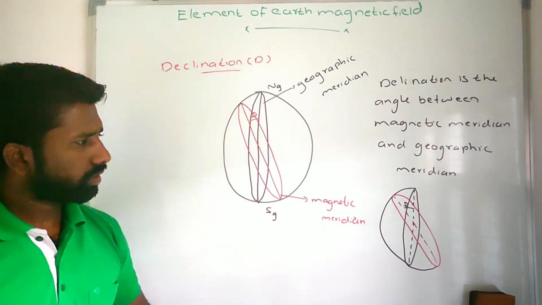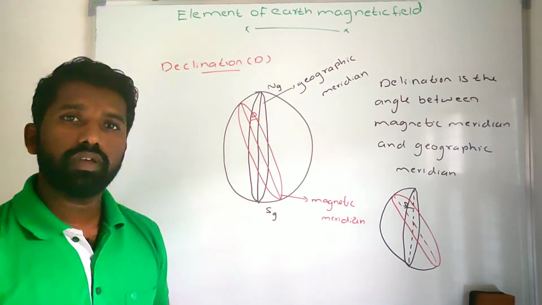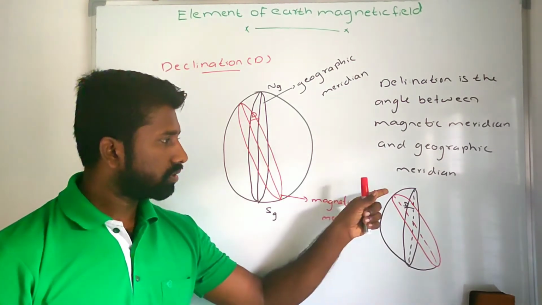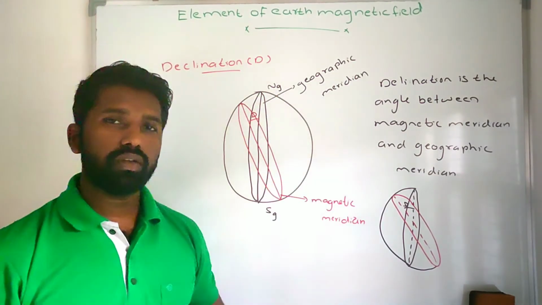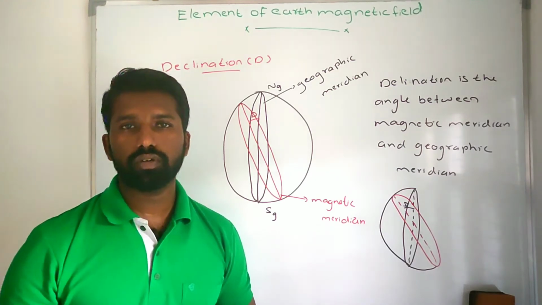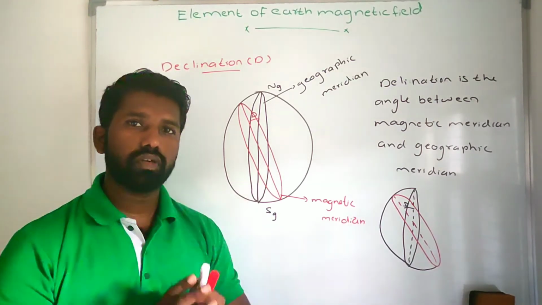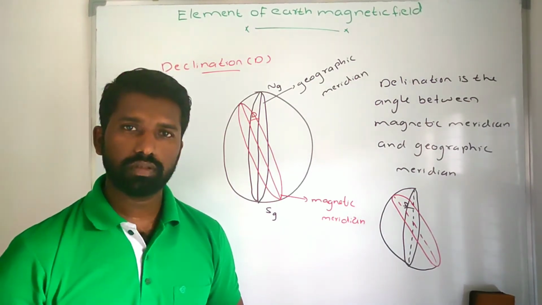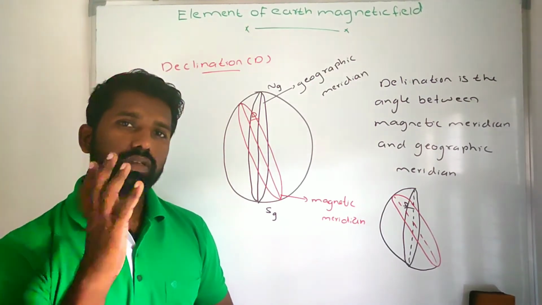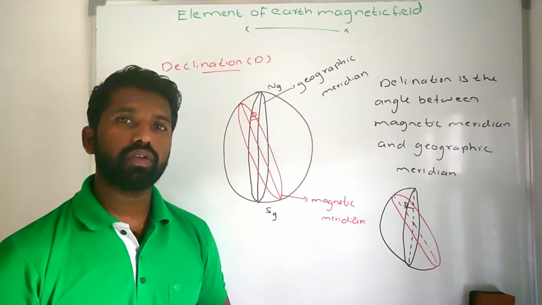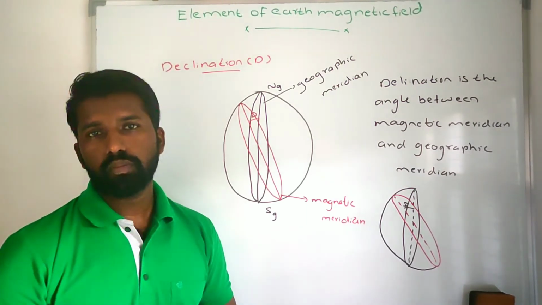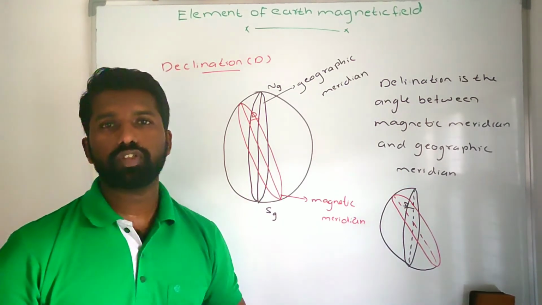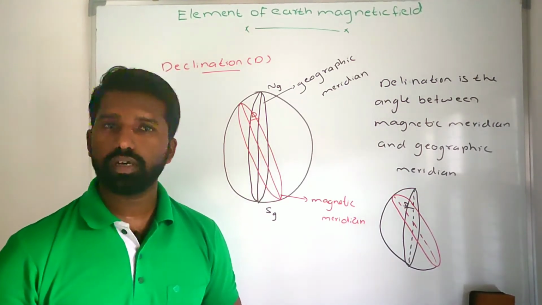This declination value varies from place to place. We can use this declination value for finding the location of a particular place and the direction to that place. This is the way people use the compass for getting the direction and the location of a particular point on the earth.